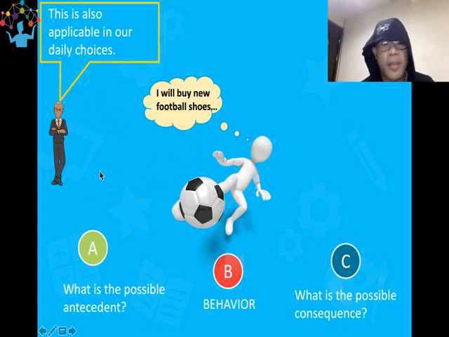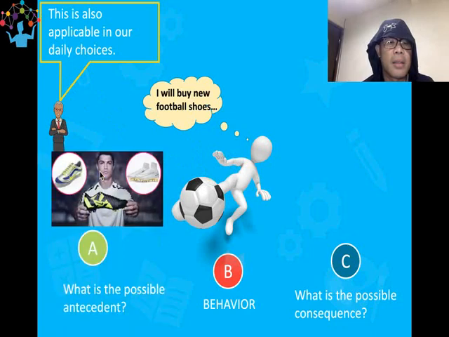For example, your antecedent is Ronaldo, one of the best football players. If Ronaldo is endorsing a specific pair, your antecedent for buying the shoes will be him.